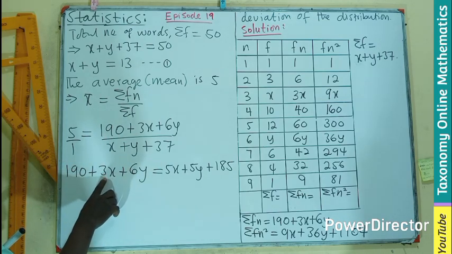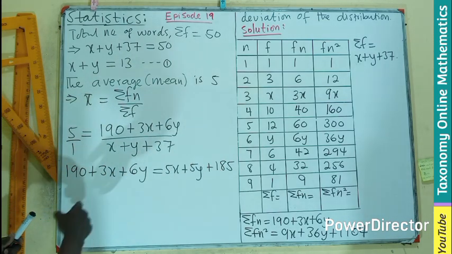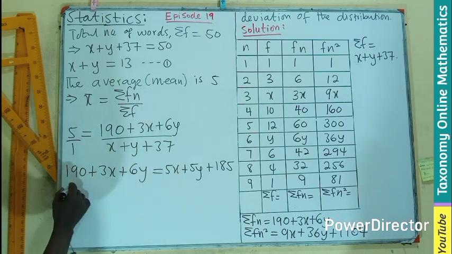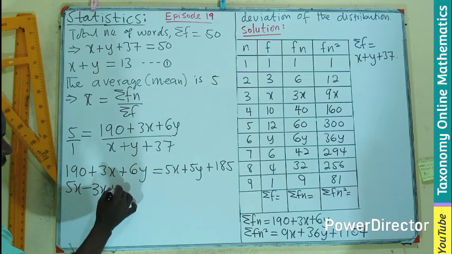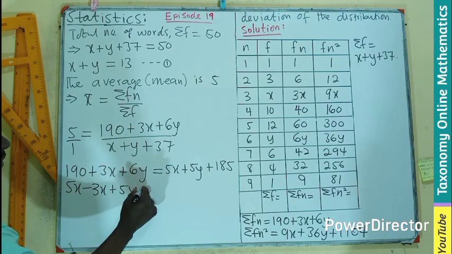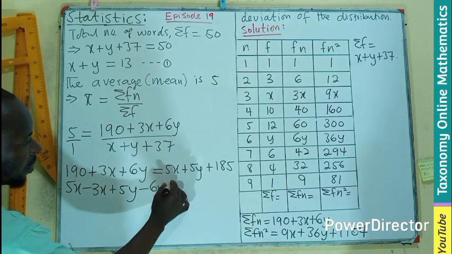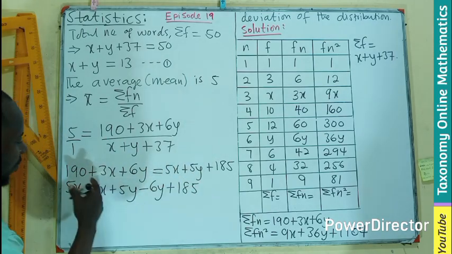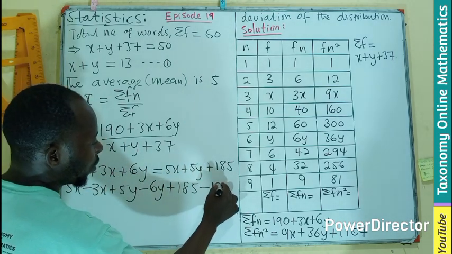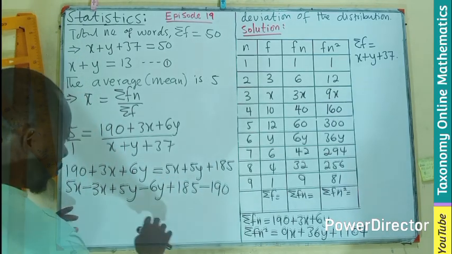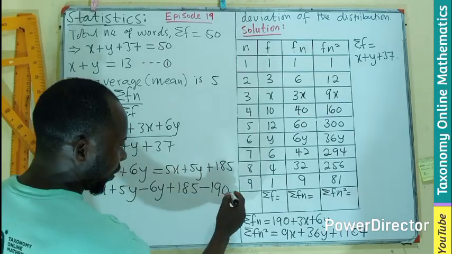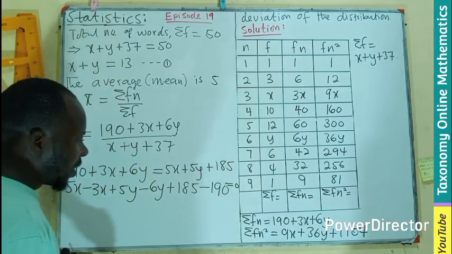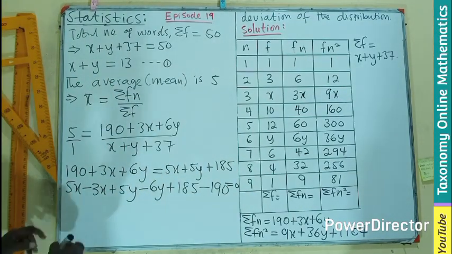Let's send everything from here to the right, meaning 5x minus 3x plus 5y minus 6y plus 185 minus 190. So everything has been transposed, and this should be equals to 0.